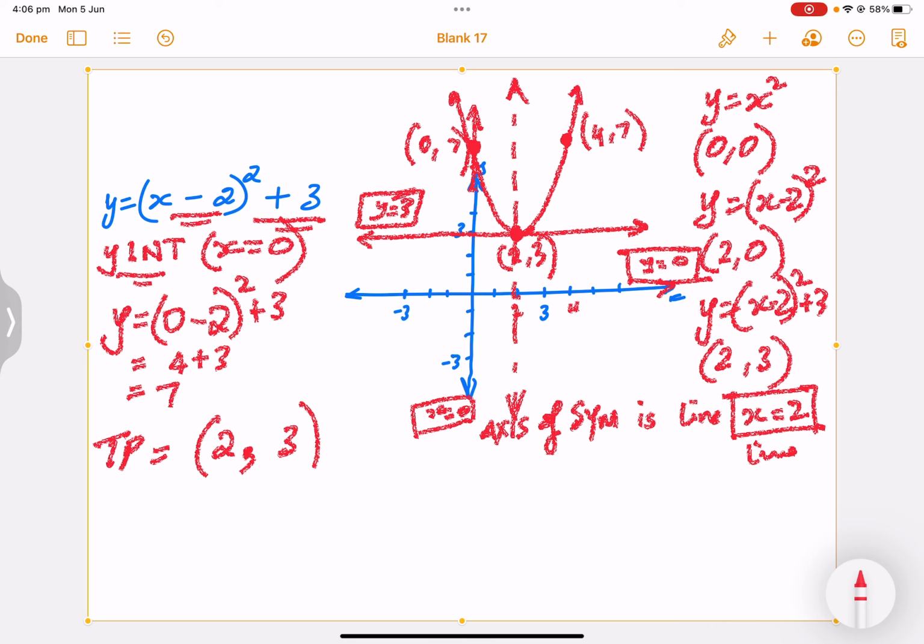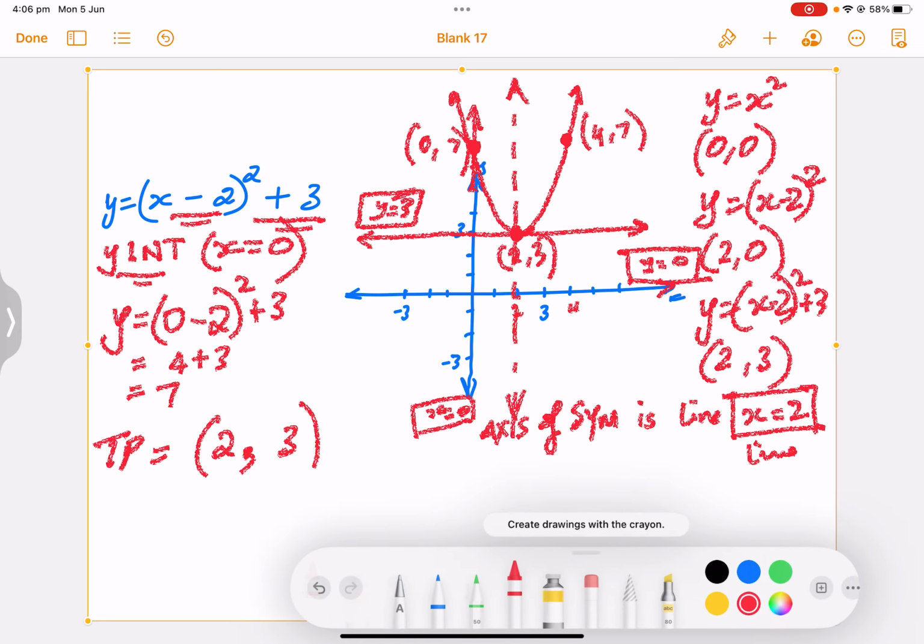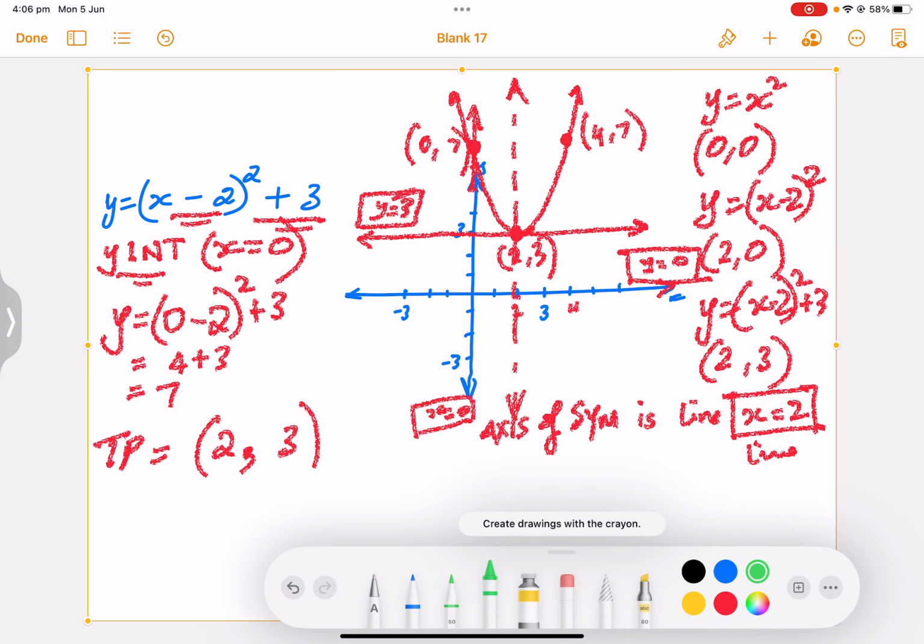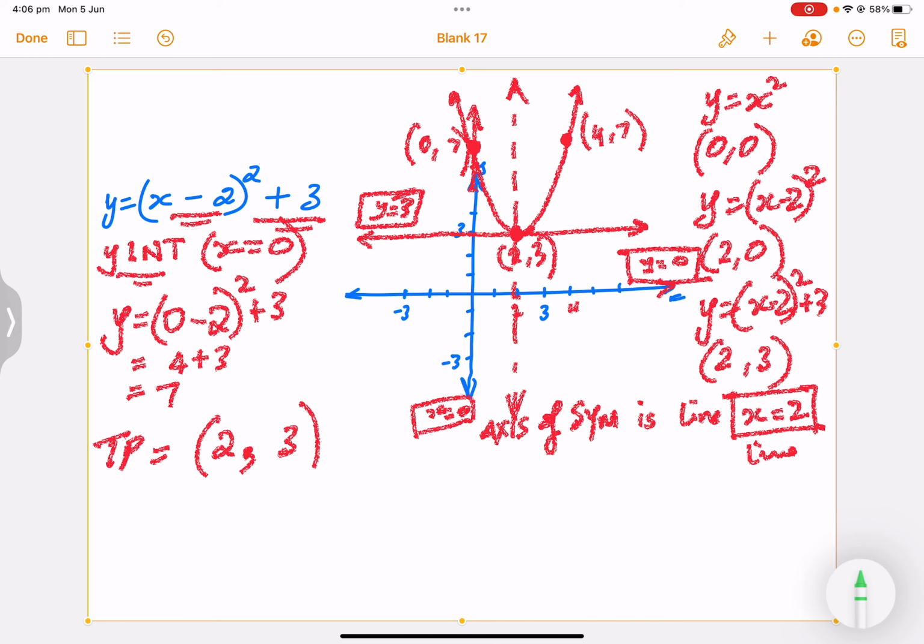But while I'm here, I'm going to extend and talk about one other type of graph, and that is if it had a minus in front of it.